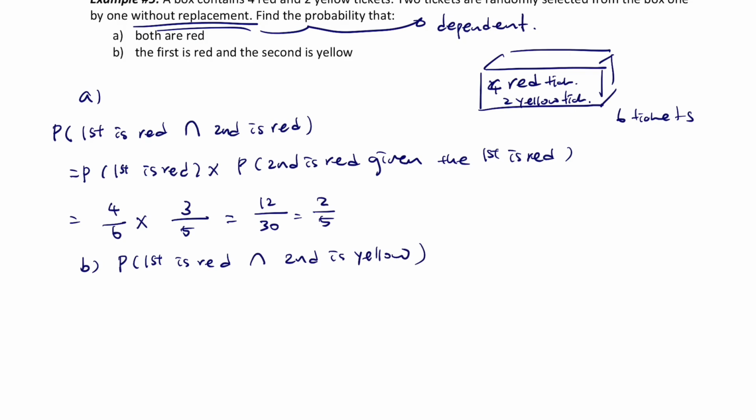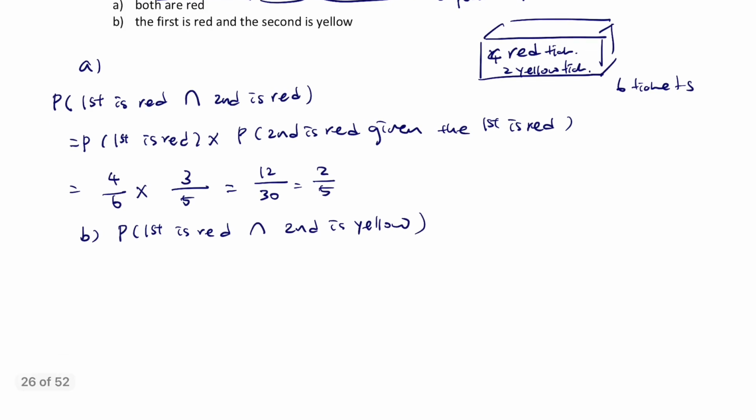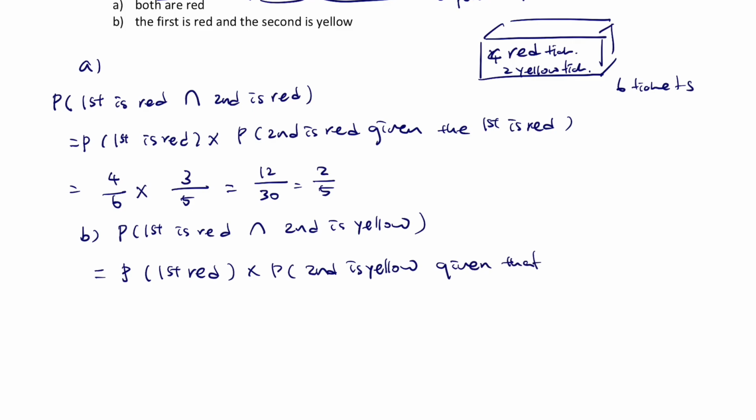Okay, we're going to do just like question A, we're going to set up the equation first because this is our first time doing this. So we need to find the probability that the first is red times the probability that the second is yellow given that the first is red.